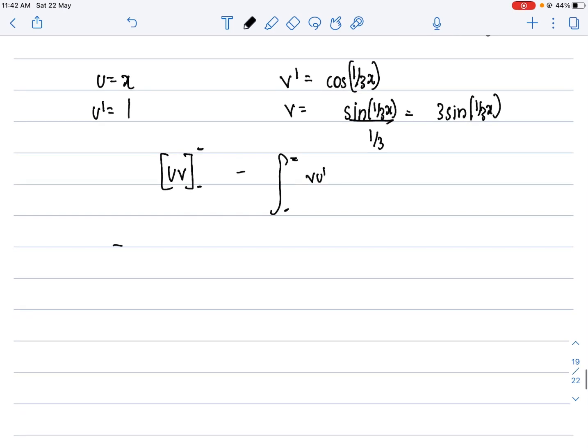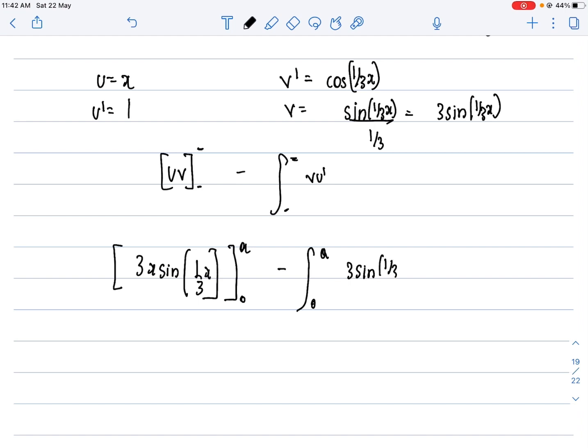So u into v is 3x sine 1 over 3x with the limits 0 and a, minus the integral with limits 0 and a of v u dash, which is simply 3 sine 1 over 3x dx.